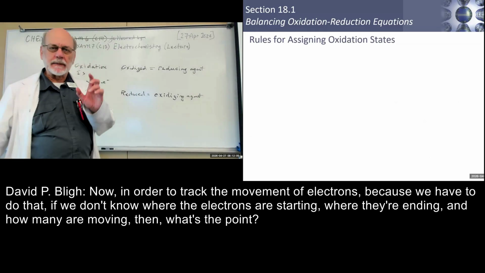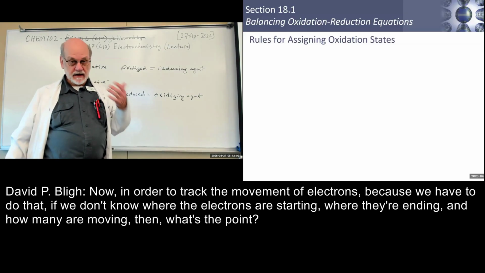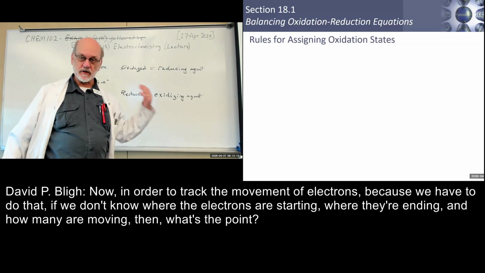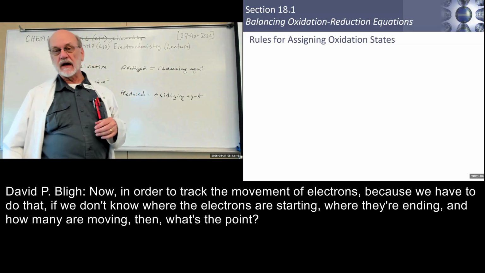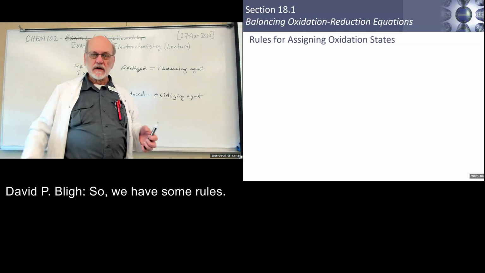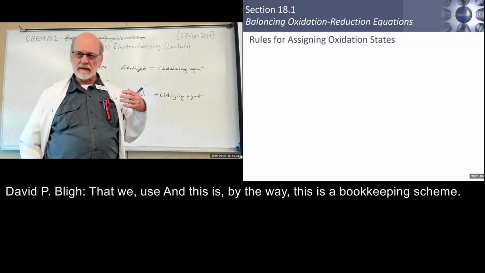Now, in order to track the movement of electrons, because we have to do that, if we don't know where the electrons are starting, where they're ending, and how many are moving, then what's the point? So we have some rules that we use.